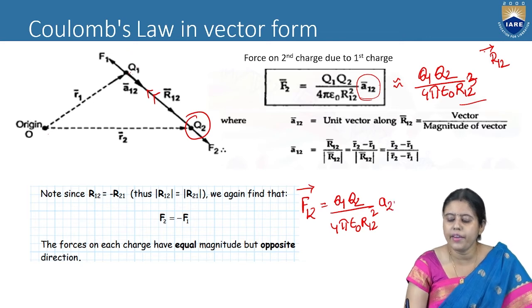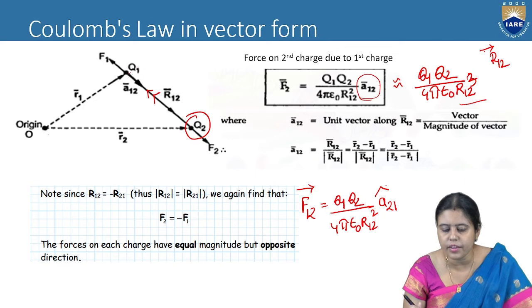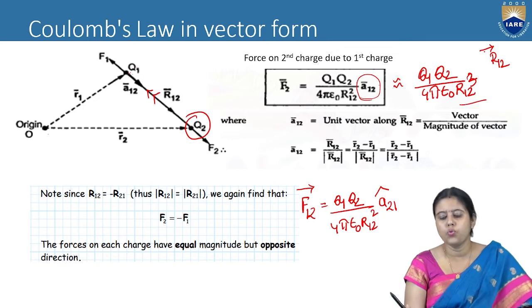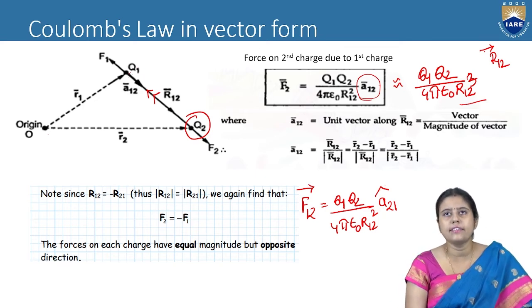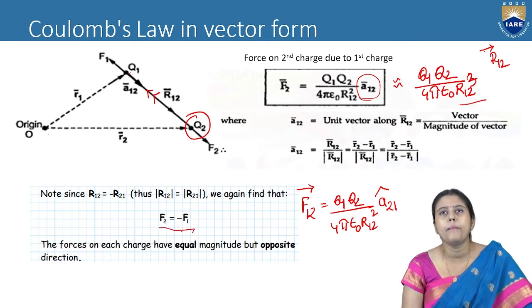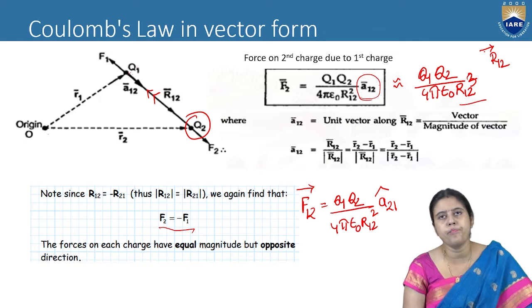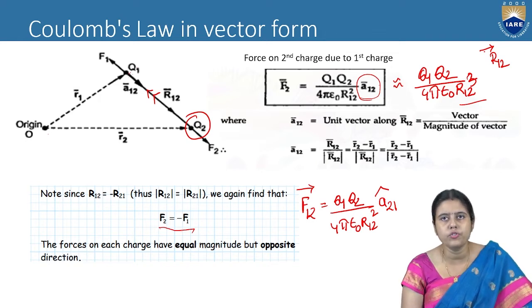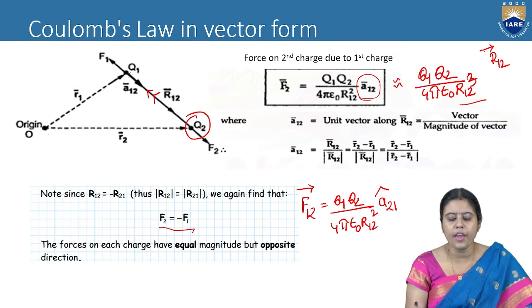So it will be A21, and you can understand the direction has changed. So we can write F2 equals minus F1. Forces have equal magnitude but opposite direction.